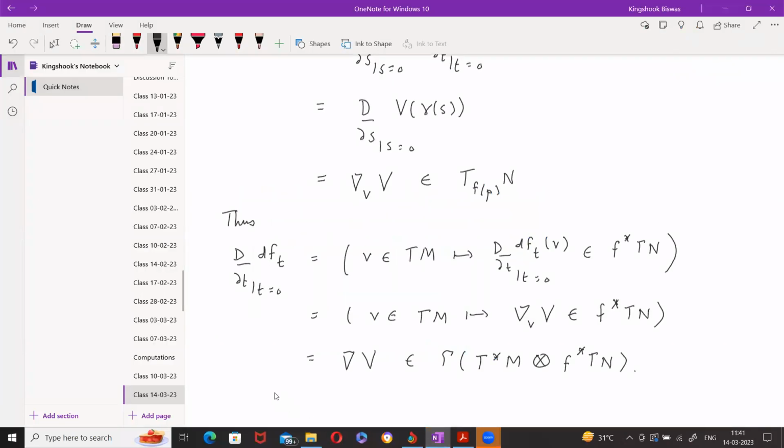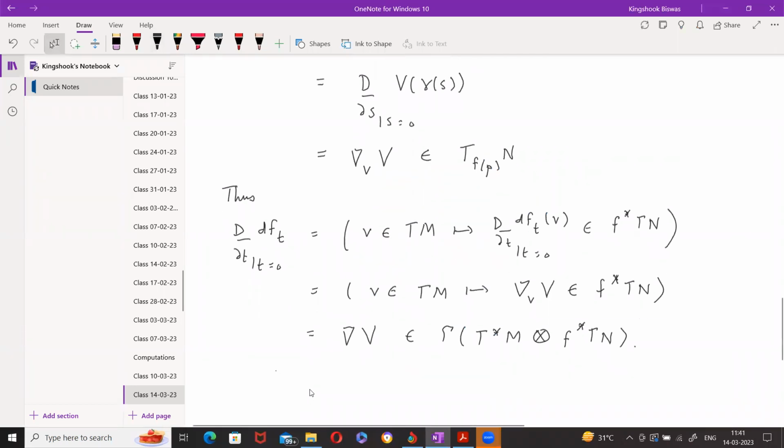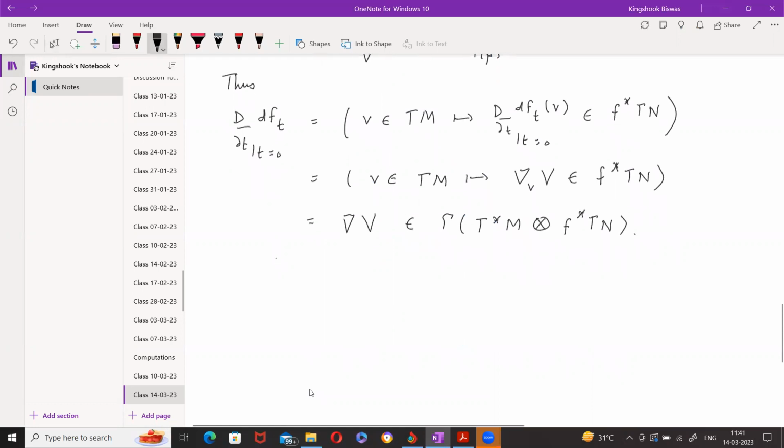Okay. So now what I'm going to do is find a vector field. At a point P, V at P belongs to TFPN, and DF at P is a linear map from TPM to TFPN. So I can look at its adjoint, since those are inner product spaces.